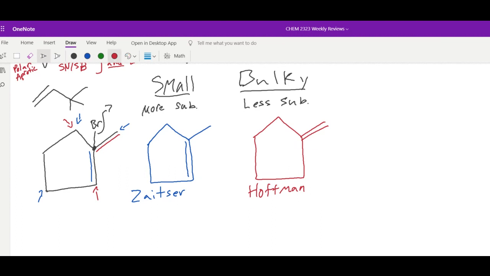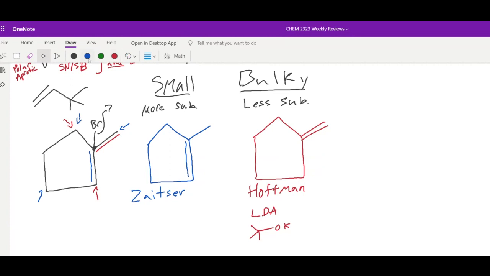For the bulky bases, the most popular ones are going to be something called LDA and something else called tert-butoxide, which is a t-butyl bonded to oxygen bonded to potassium. Usually the potassium leaves and you have an O negative, and that is your base that is abstracting something, your proton, rather.